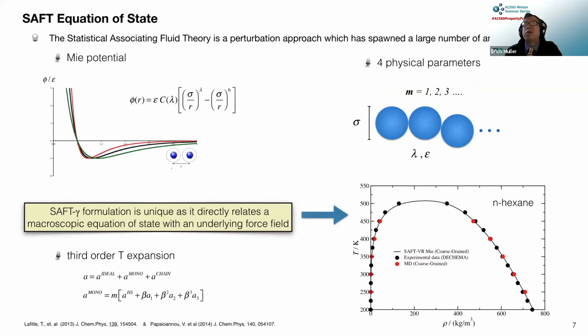The molecules in this model are defined, as seen in the right-hand side cartoon, as chains of spheres, where m defines the number of spheres associated with a molecule. A length scale, sigma, is associated with an approximate size of the beads, which is really related to a density. Epsilon relates to the general energy, or scaled energy, of each of these spheres.